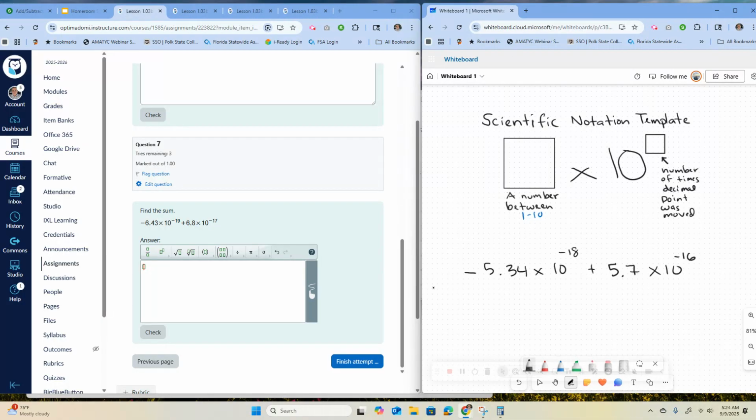Okay, so I'm just giving you similar examples like the original problem. Don't forget that when you add and subtract numbers in scientific notation, you must have the same exponent.